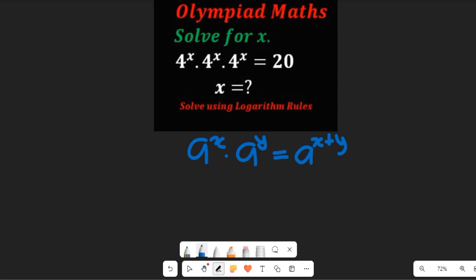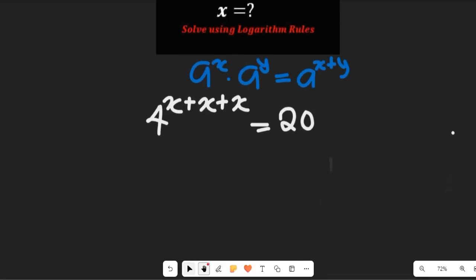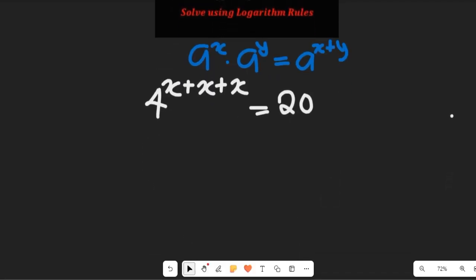So if we apply it over here, we're going to have 4 to the power of x plus x plus x, and this will be equal to 20.